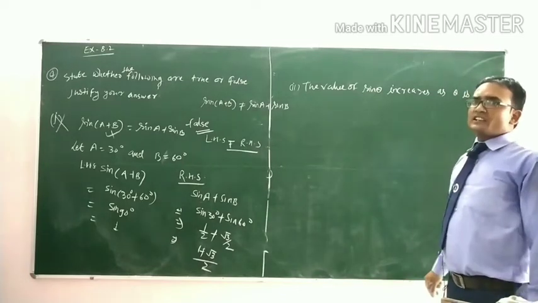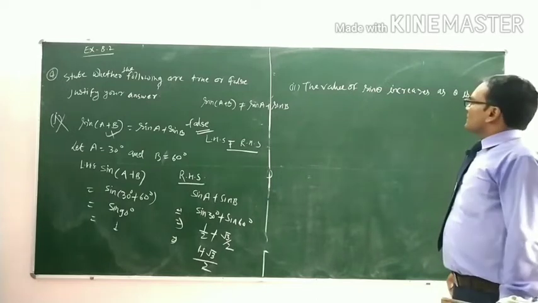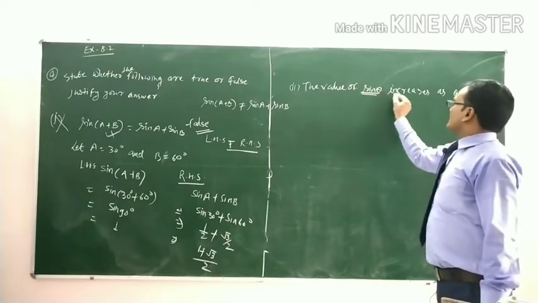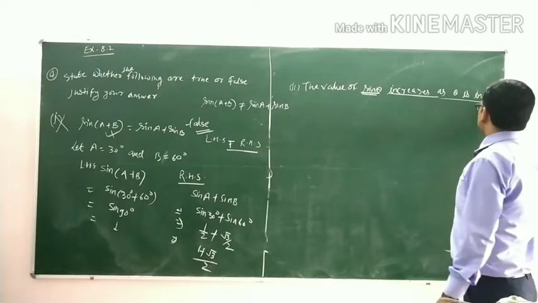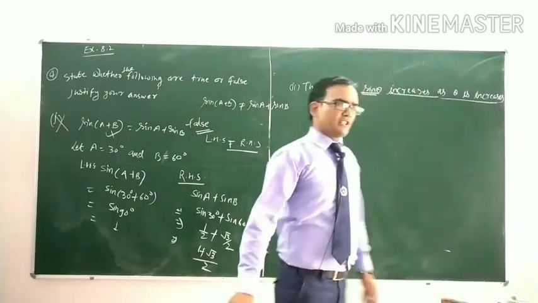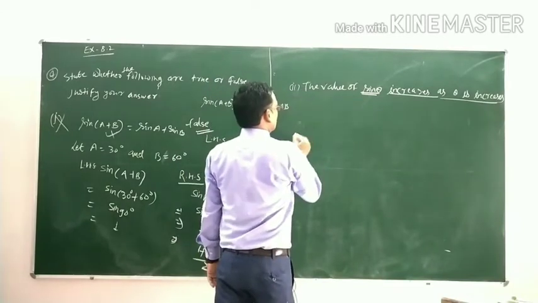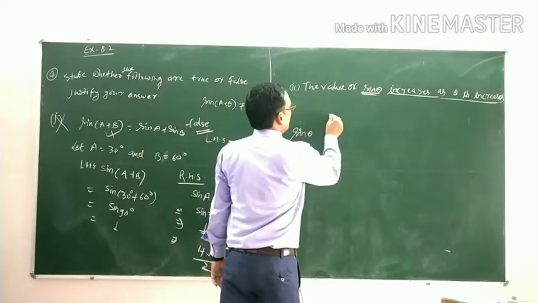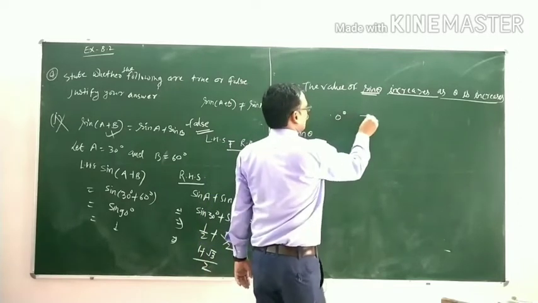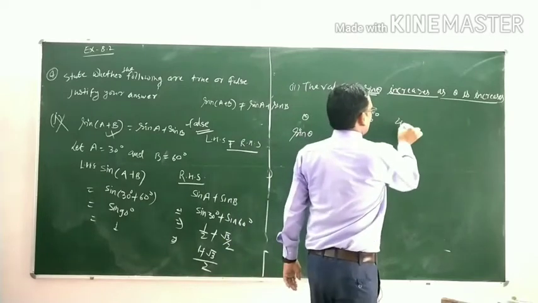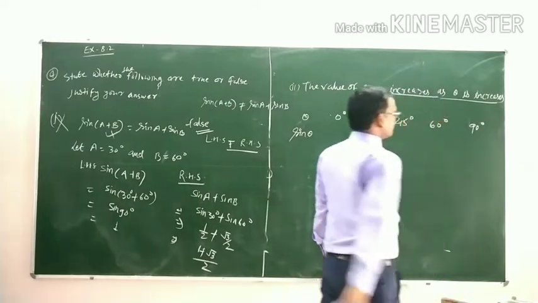Okay, students? The value of sine theta increases as theta increases. Here we observe sine theta for theta equal to 0 degree, 30 degree, 45 degree, 60 degree and 90 degree.